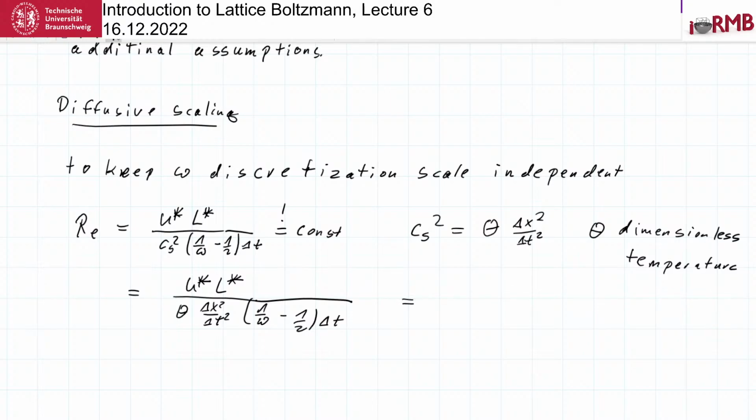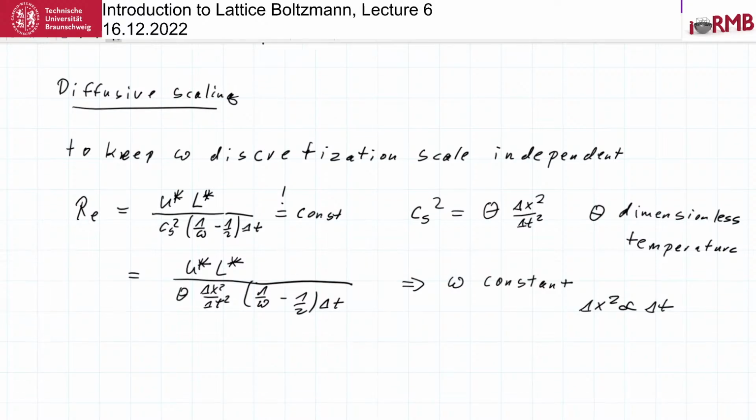And this is something that you can easily see: omega would be constant if delta x squared would be chosen proportional to delta t. So then this factor would obviously disappear.